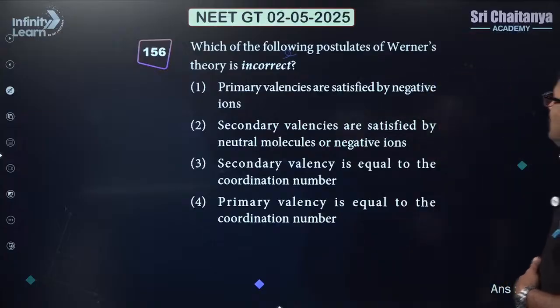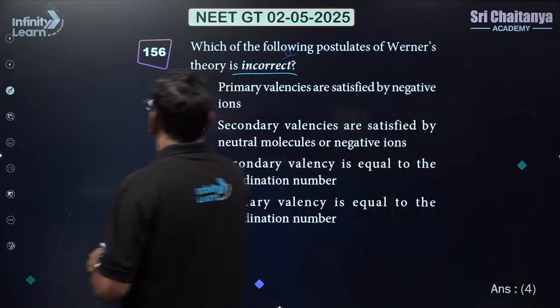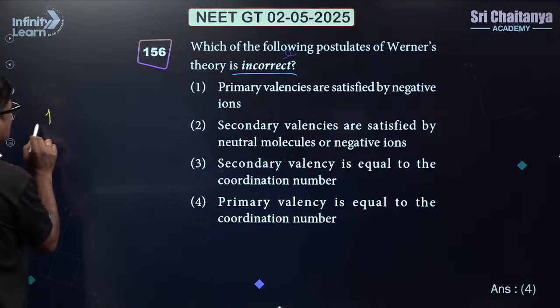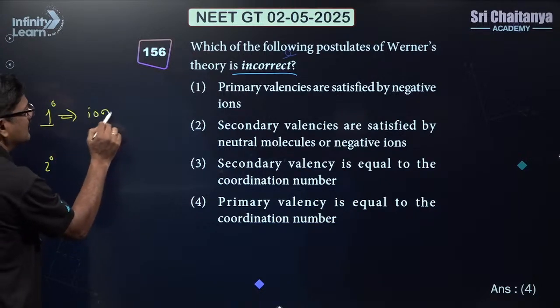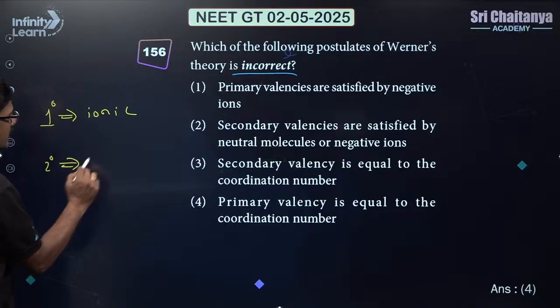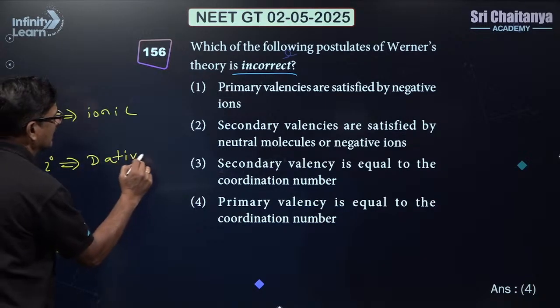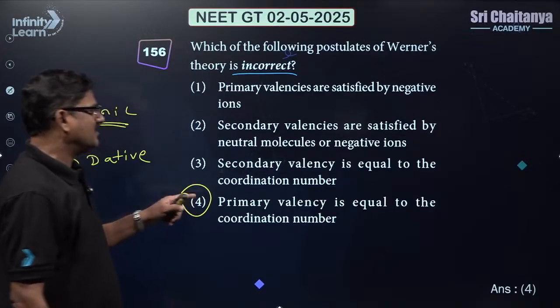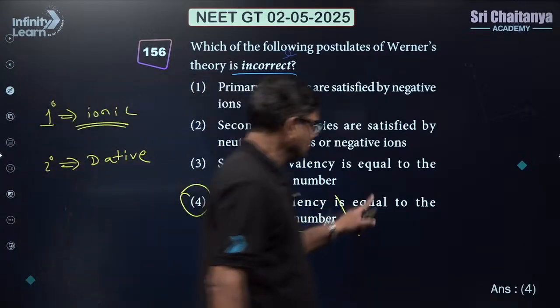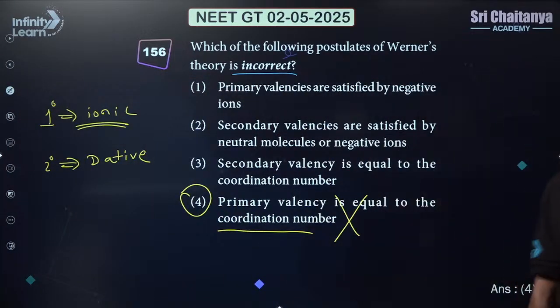Which of the following are postulates of Werner theory? You have primary valency and secondary valency. Primary valence is ionic and secondary is coordinate covalent bond. Primary valence is equal to coordination number, it is wrong. Understand, Manasa? Right.